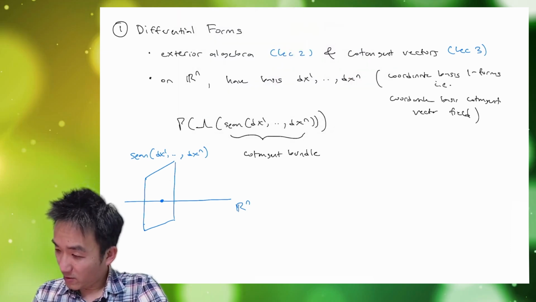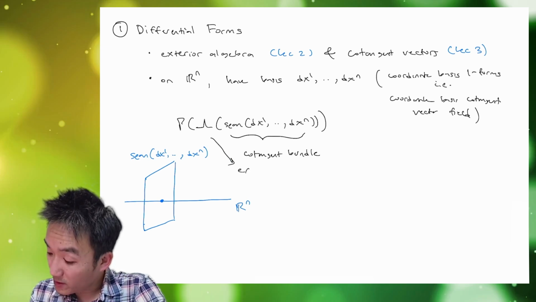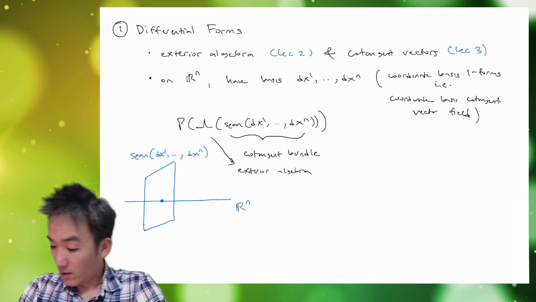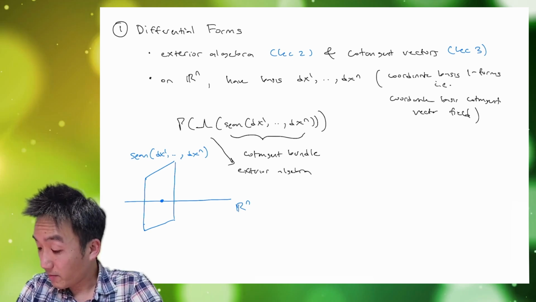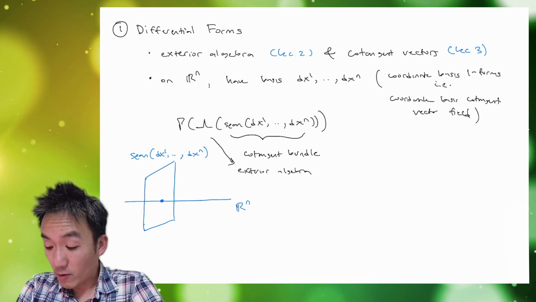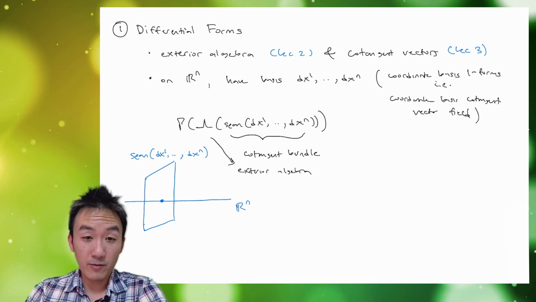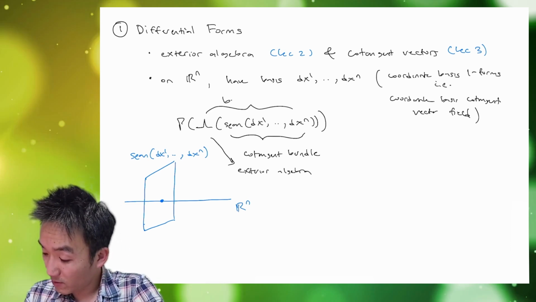And this lambda here, well, that's the symbol we use for the exterior algebra. Okay, so when I put the lambda in front of the span, then now I replace the vector space at every point with an exterior algebra at every point. Okay, so this is now a bundle of exterior algebras.